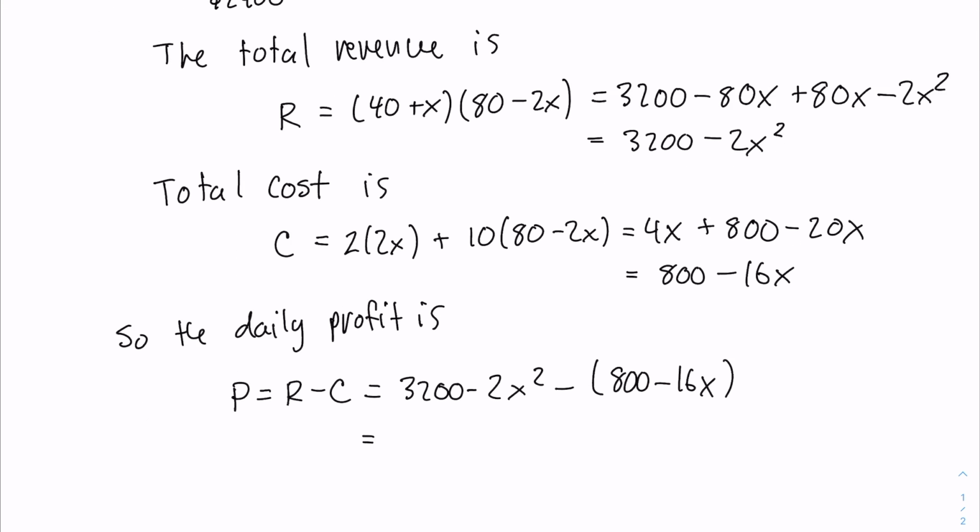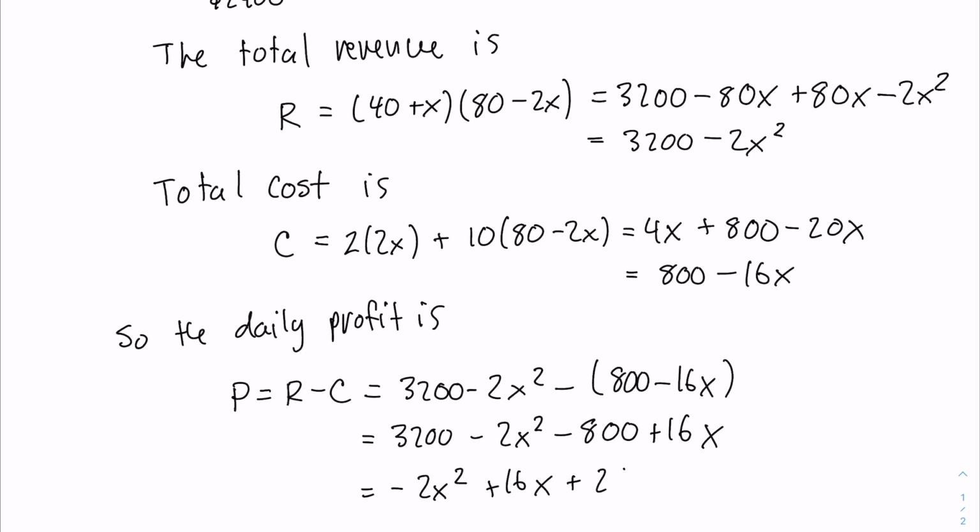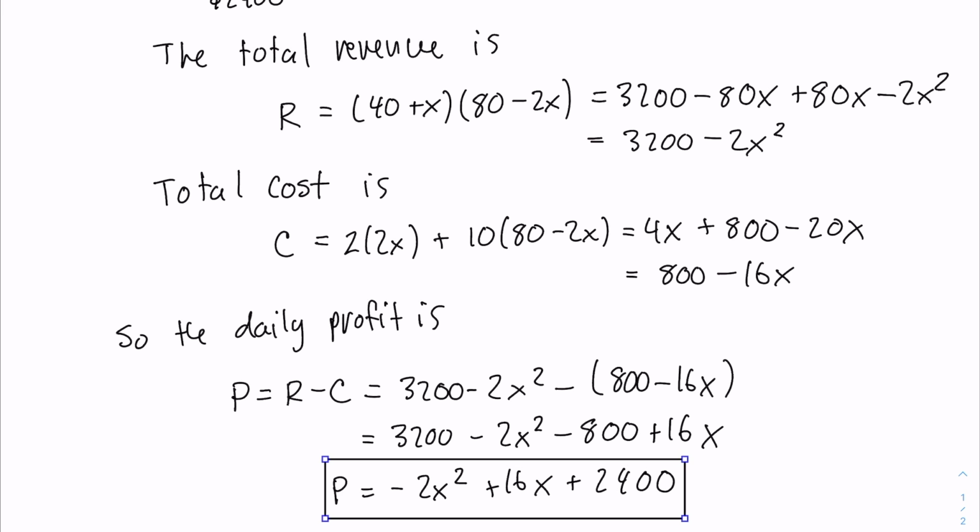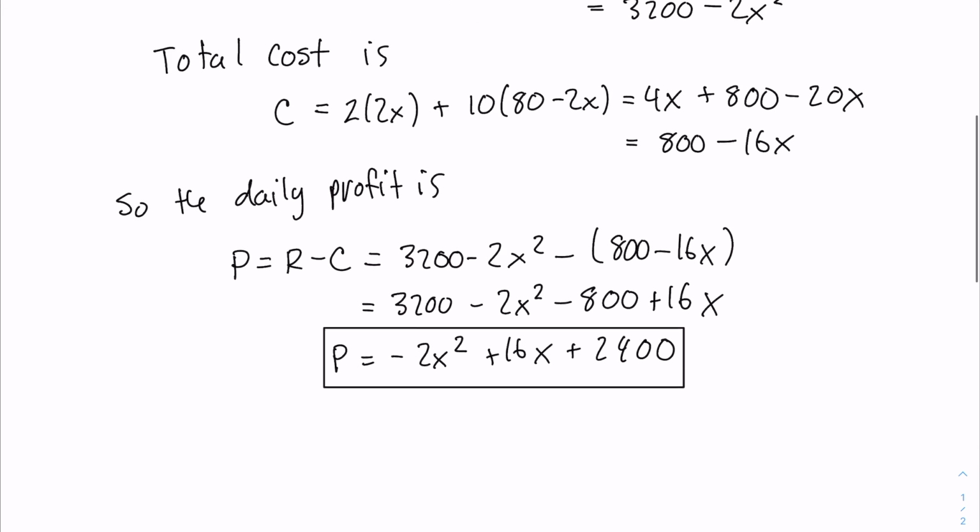Let's simplify this a little bit. So we get 3,200 minus 2X squared minus 800 plus 16X, which equals negative 2X squared plus 16X plus 2,400. So that is my profit function. I'll put a nice box around that. There we go. That's my daily profit function.